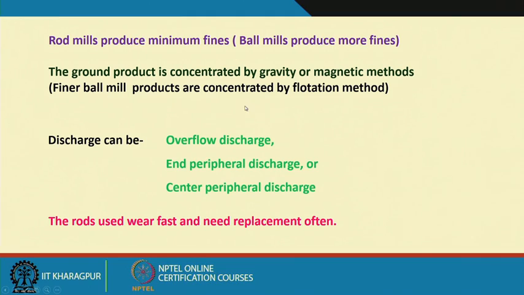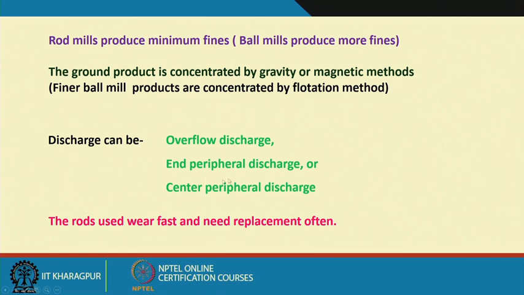So ball mills are preferred before the flotation process, whereas rod mills are preferred before gravity or magnetic methods. The rod mill discharge can be overflow discharge, end peripheral discharge or center peripheral discharge.